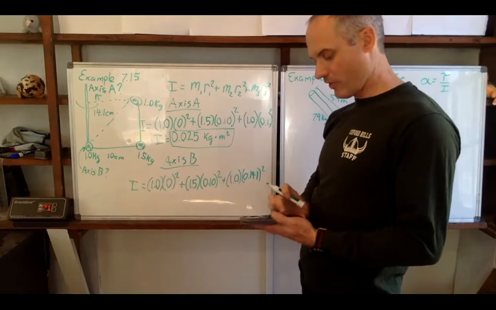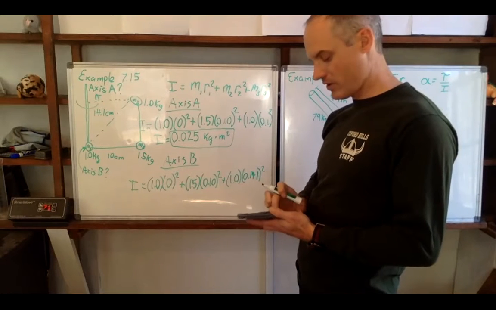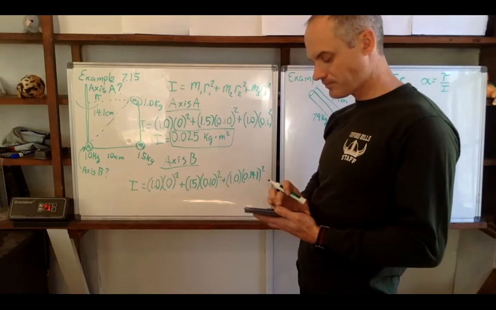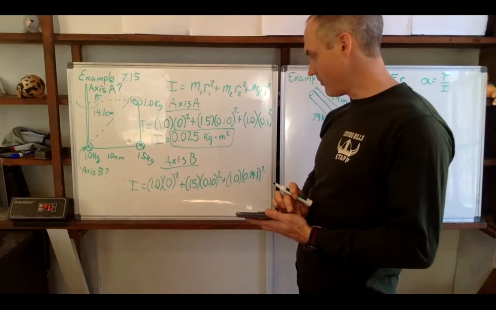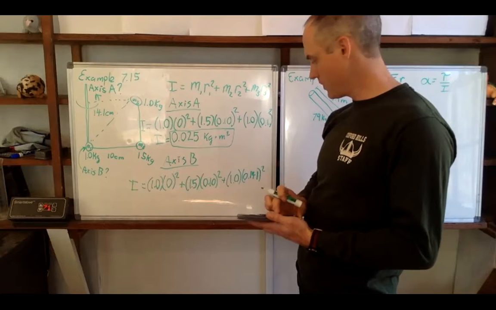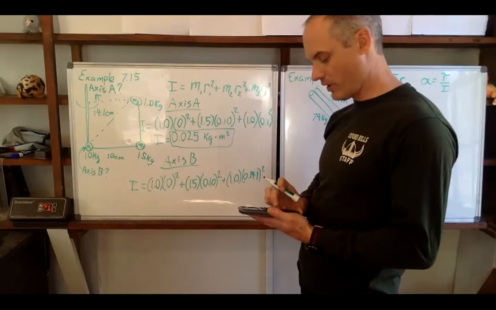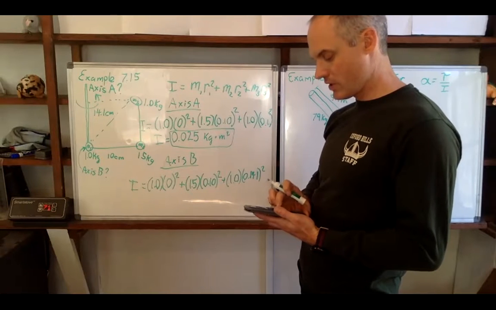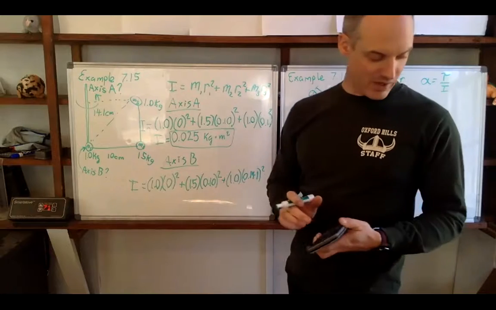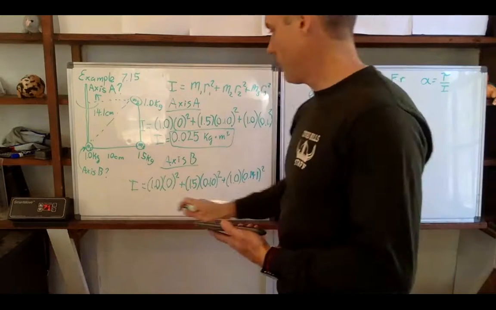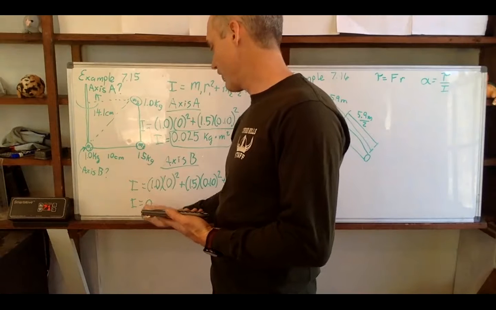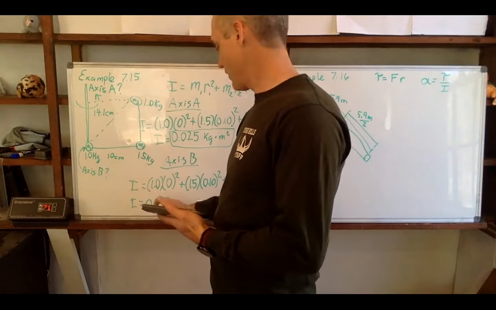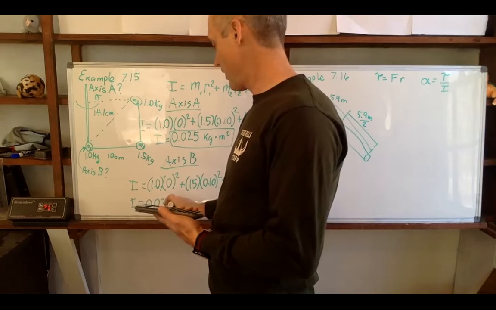Then we have 1.5 times 0.1 squared, plus 1 kilogram times 0.141 meters squared. So you get an inertia of 0.0349.